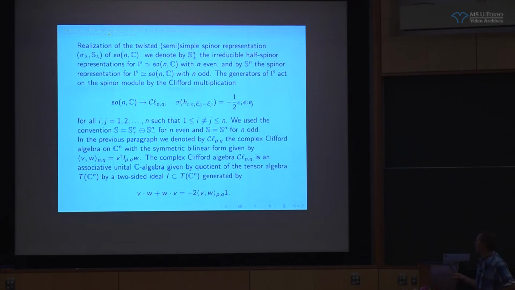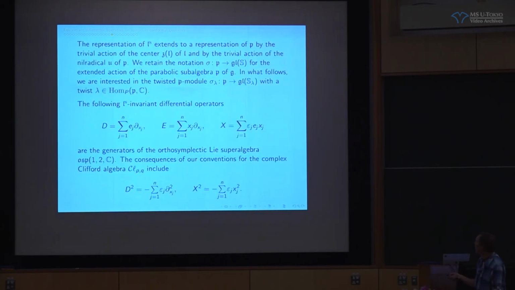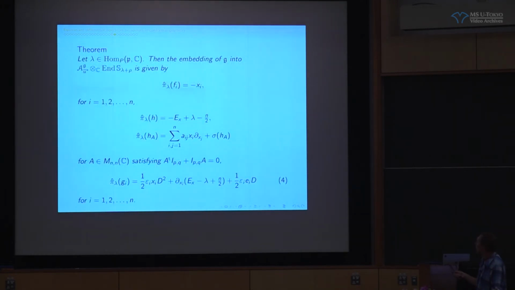So on the left-hand side, we have elements of degree 2, while on the right-hand side, the one is the generator of the field of complex numbers, which is in the degree 0 part of the tensor algebra T(C^n). Okay, so this will not be needed, and this is something we will need.